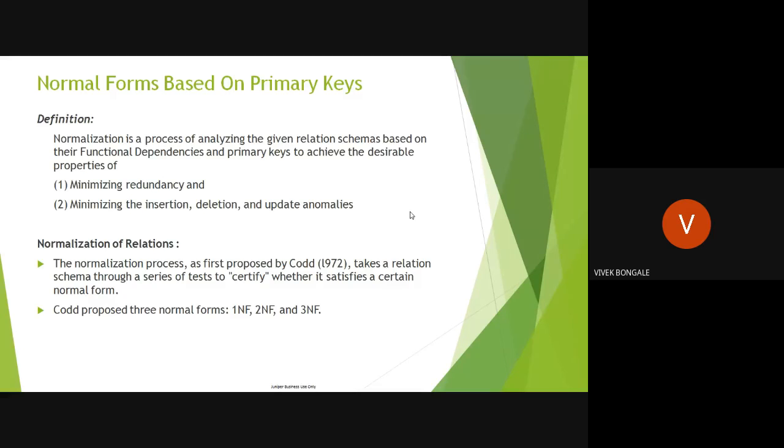What are data anomalies? We already saw a concept called guidelines, right? Guideline one, semantic attributes. In semantic attributes, we saw the insertion anomaly, deletion anomaly, and updation anomaly. These are the three anomalies we face in a database application.